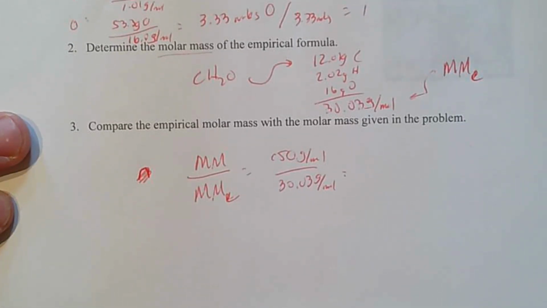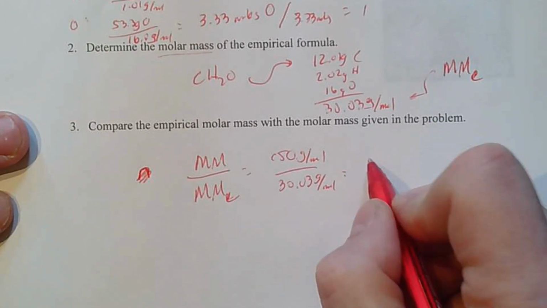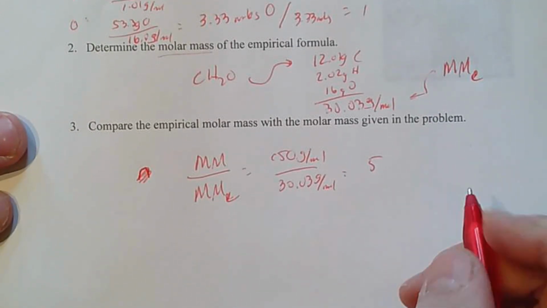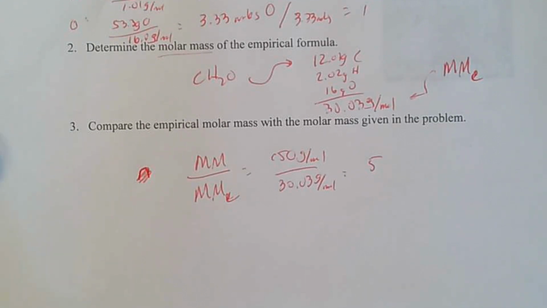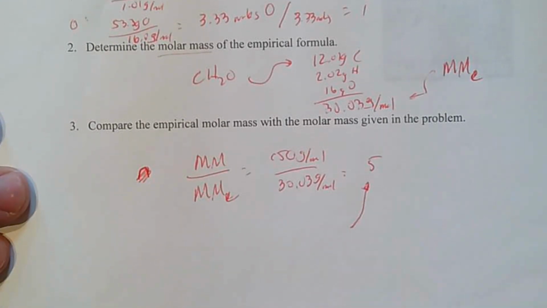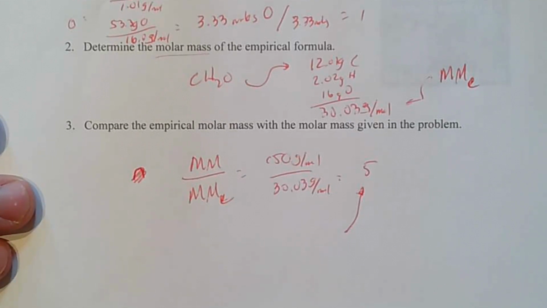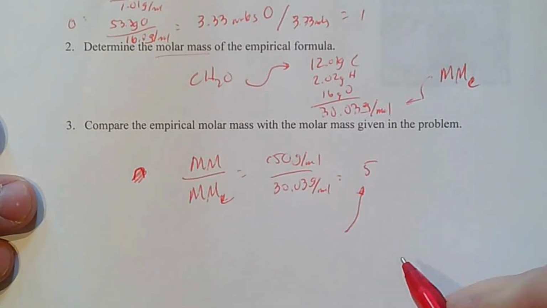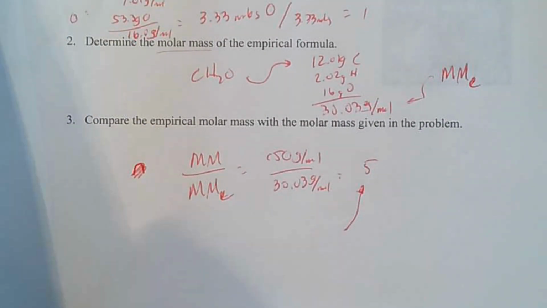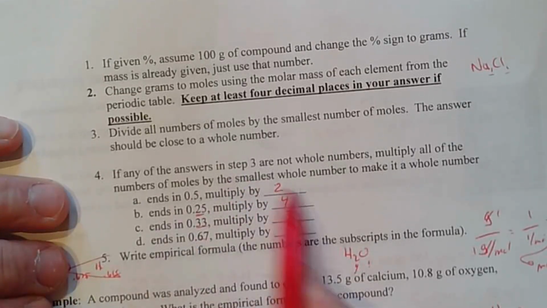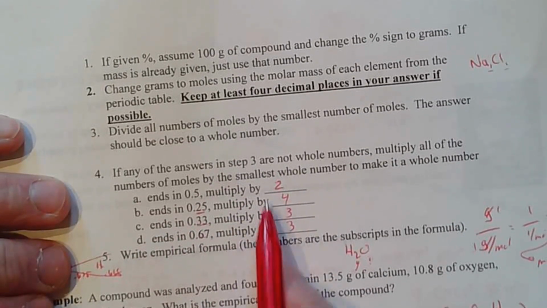And 150 divided by 30.03 is basically 5. It's 4.995. This number, if you did it correctly, will always be basically an integer. You won't have to do any rounding tricks for this whole number multiple.